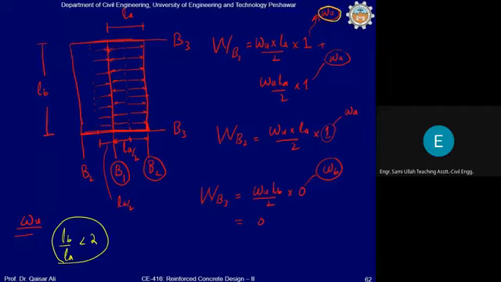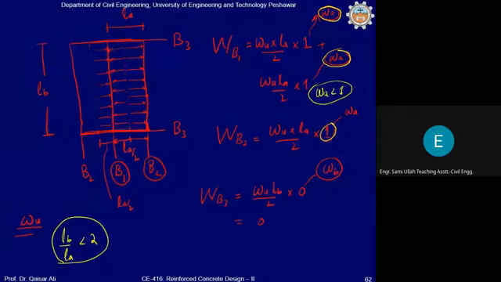If it is a two-way slab system, then what will be the value of this WA? It will be greater than 1, less than 1, or equal to 1? Less than 1. Of course, WA will be less than 1. Why? Because now some of the load will also transfer along the longer direction.